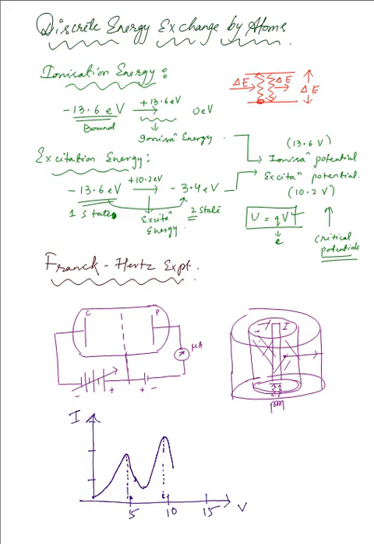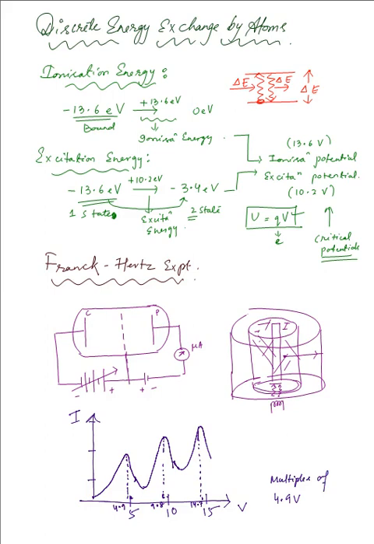Similarly, at 14.7 as well, it was observed to experience a peak of some value, and then again there was a sharp fall. So as you can see from here, 4.9, 9.8, 14.7, they are all multiples of 4.9 volts. That number 4.9 explains something.